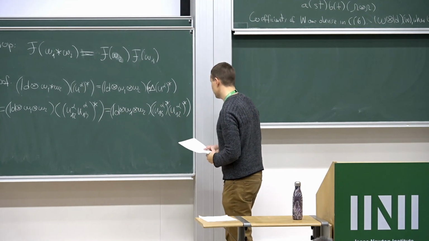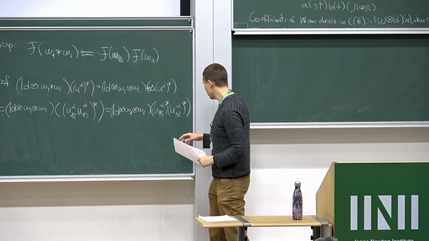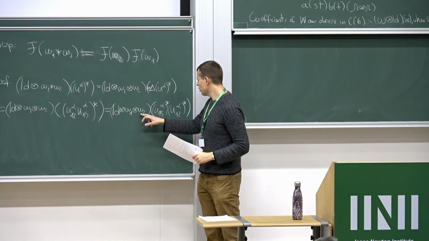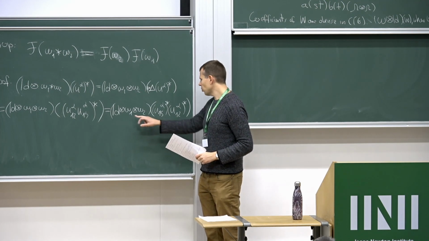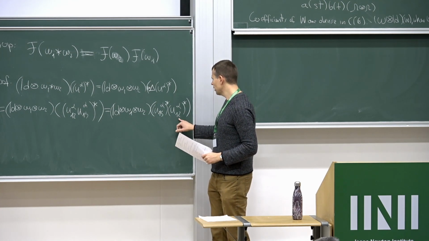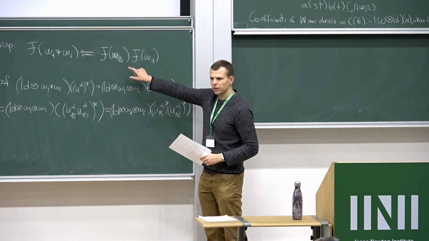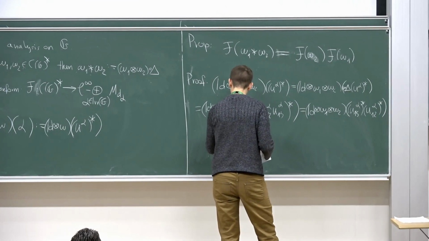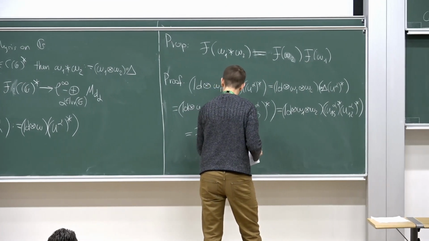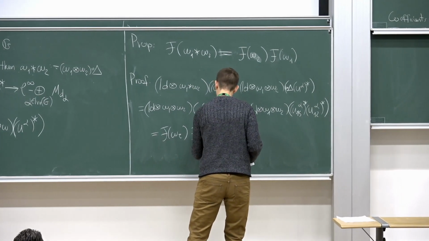Now only omega 2 acts on the third leg and omega 1 acts on the second leg. This is how we get this reversal of the order. So this is really F of omega 2 times F of omega 1.